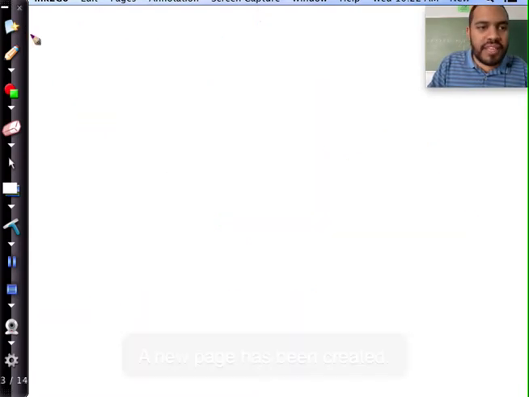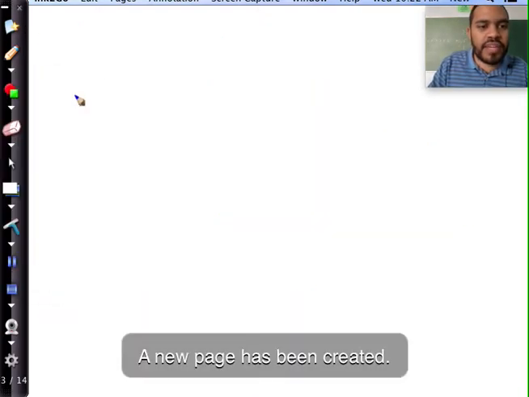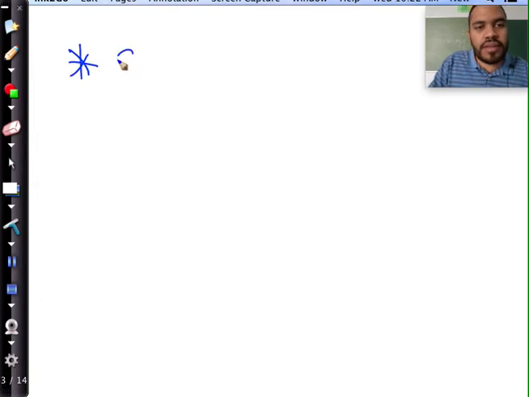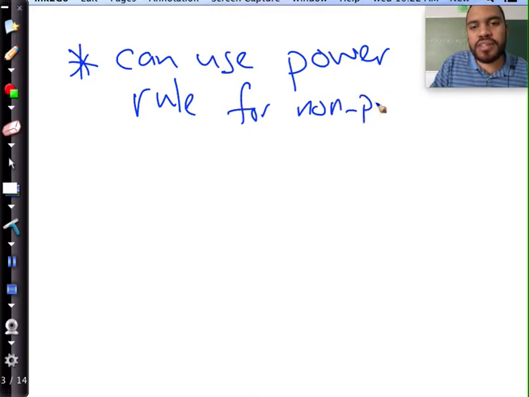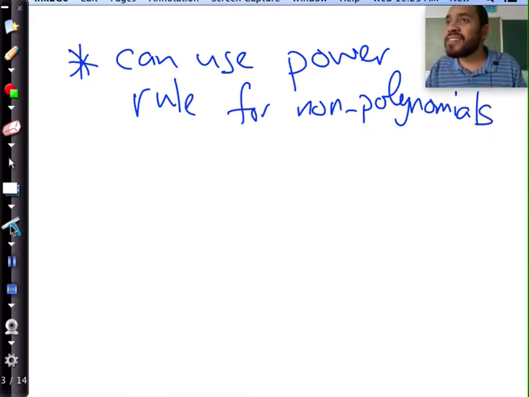Now there's another note I'm going to make, and that is that we can also use the power rule for non-polynomial functions. And what's a non-polynomial function? A function that is not a polynomial, right?